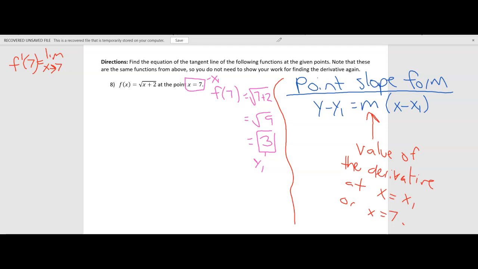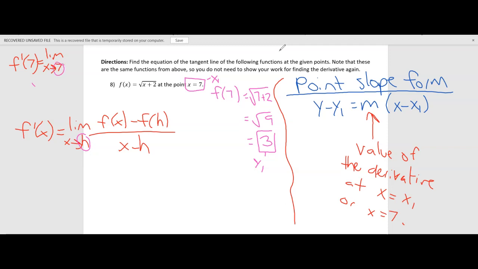So again, normally this would be f prime of x equals the limit as x approaches h of f of x minus f of h all over the quantity x minus h. But in this case, we know what the h value is, right? h is going to be equal to 7. So I'm substituting in a 7 for wherever my h is.